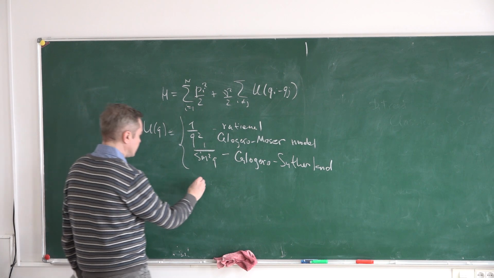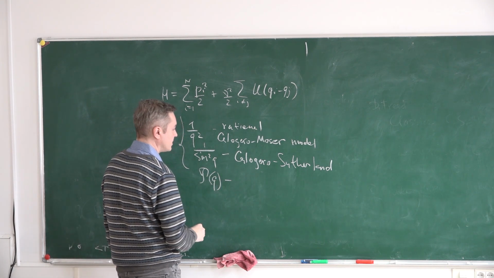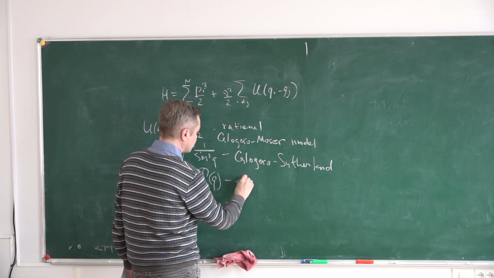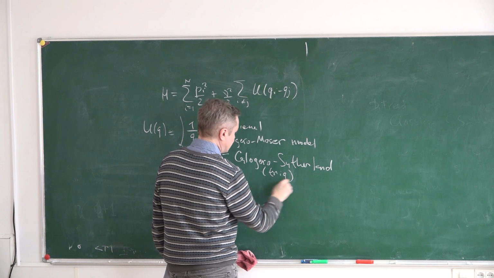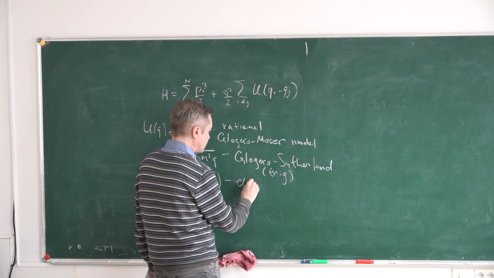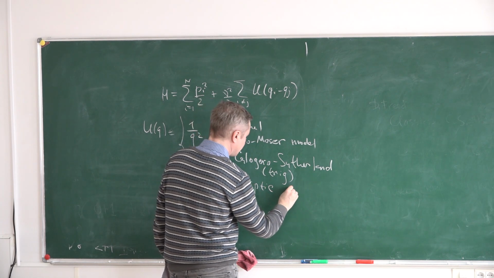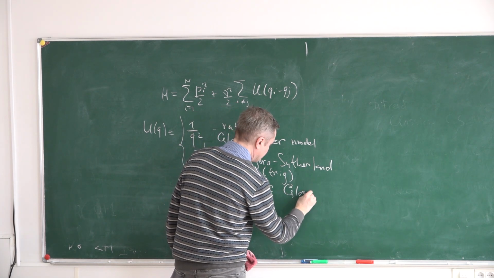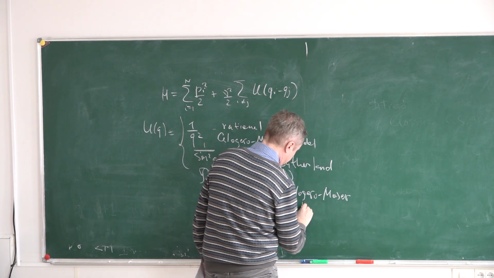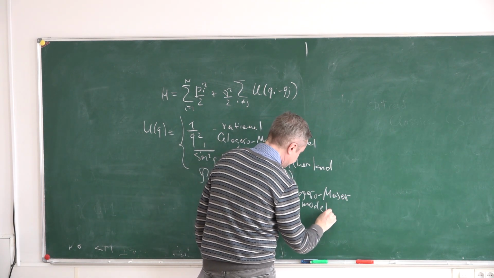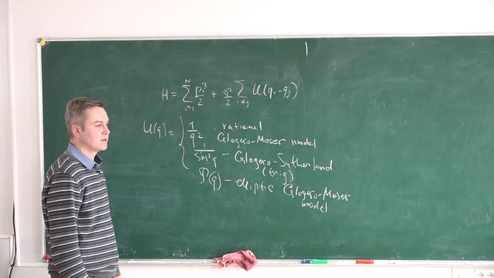And finally, we have also the possibility to study the elliptic Calogero Moser model, where the potential is a Weierstrass pi function.